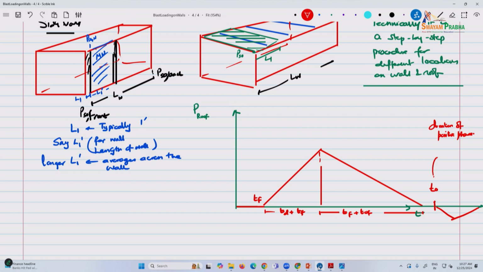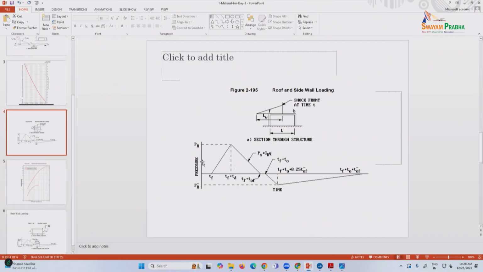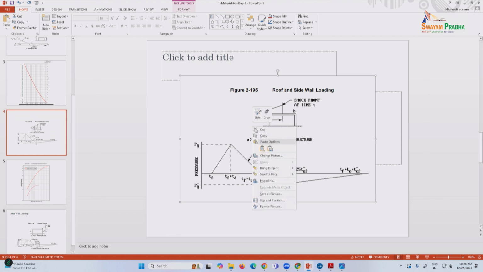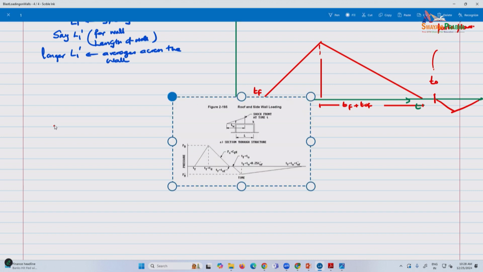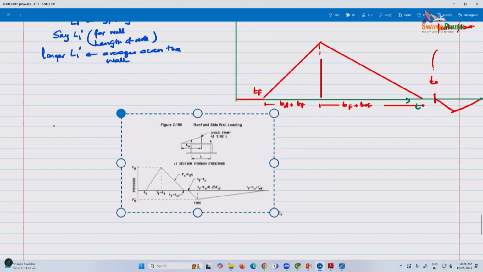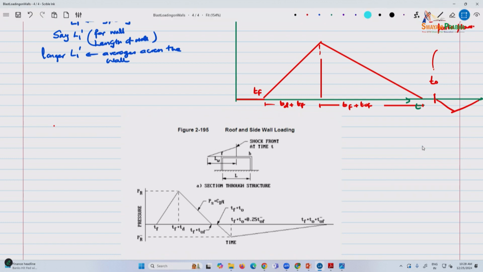So this is your rise time and P. So let me see if I have a picture of that. So for reference, this is from figure 2-195.